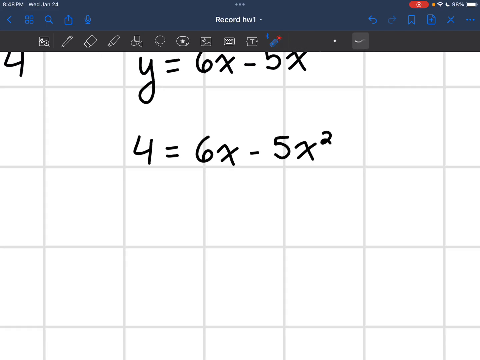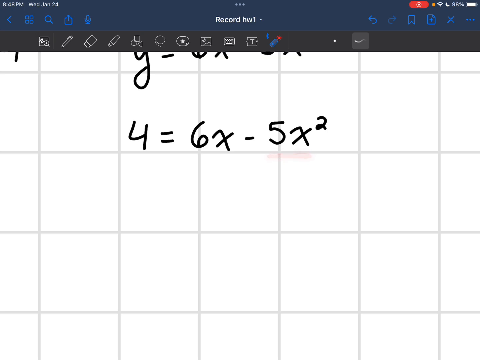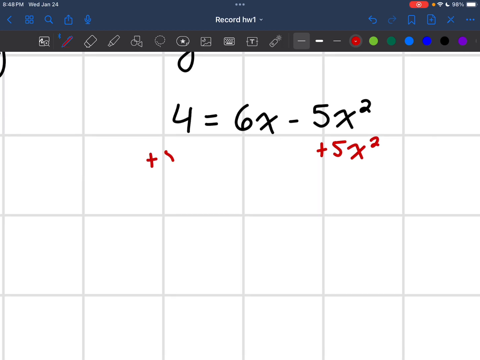And I always like to rearrange it so that my highest degree term is positive. All right, so I'm going to add 5x squared to both sides of my equation. And I'm also going to subtract 6x from both sides of my equation.